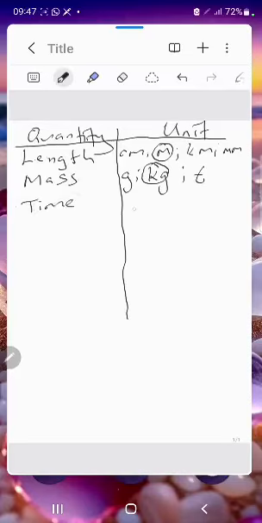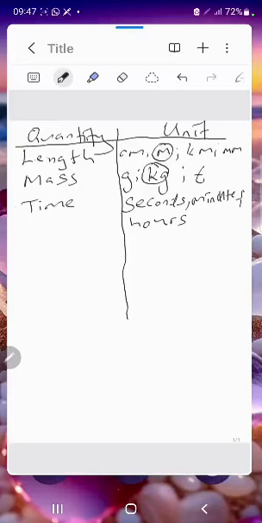Time can be measured in seconds, minutes, can also be measured in hours.